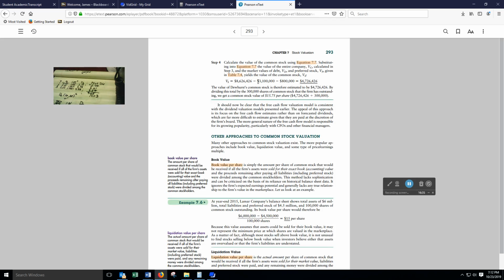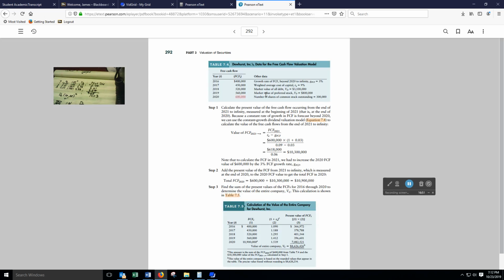I subtract out VD, okay, which sounds like something you don't want to catch. And then I subtract out the value of the preferred stock, VP. That was given to us on the prior page in this other data section. You can see those here.